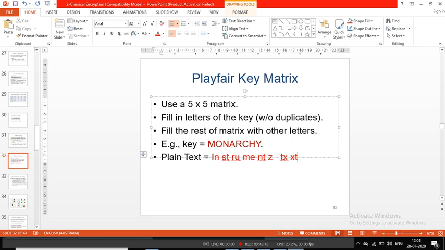This is rule number 1. Next, z is individual; z alone takes part in the last block, so I can add x here. This is rule number 2.